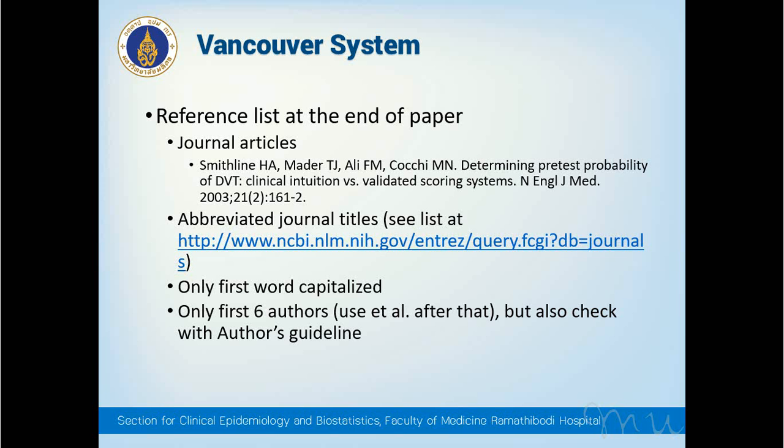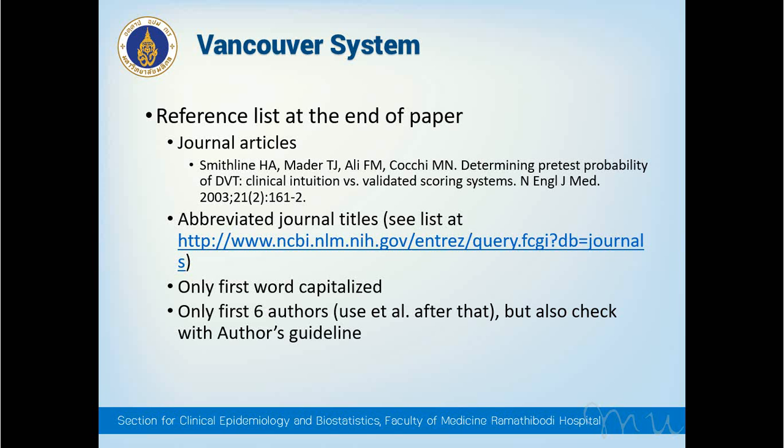To remind you, this is the format that the Vancouver system requires. It lists the names of the authors, a maximum of 6 people, and if there are more than that, you use et al. This is followed by the title, with only the first word capitalized, unless you have abbreviated text, and then the journal title should be abbreviated.